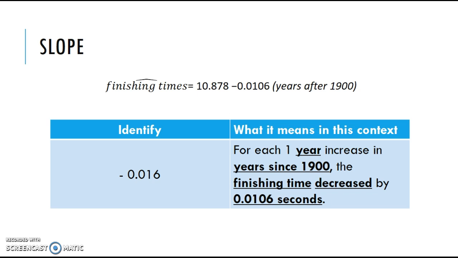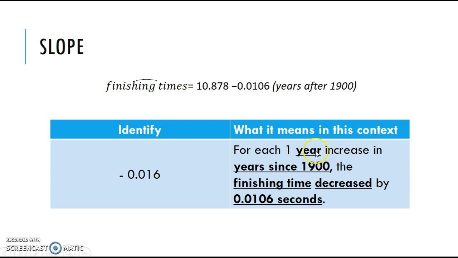So what does this slope mean in context? Now remember, I'm using the phrase from the slide before, and I've filled in the appropriate terms or numbers. So in this context, our slope means for each 1 year increase in years since 1900, the finishing time decreased by 0.0106 seconds.